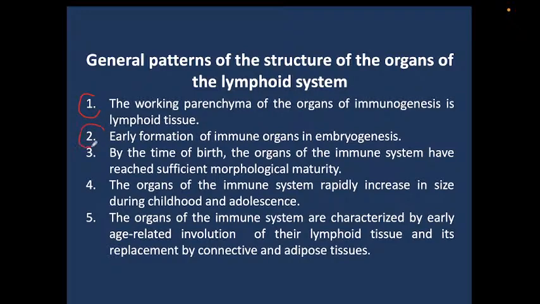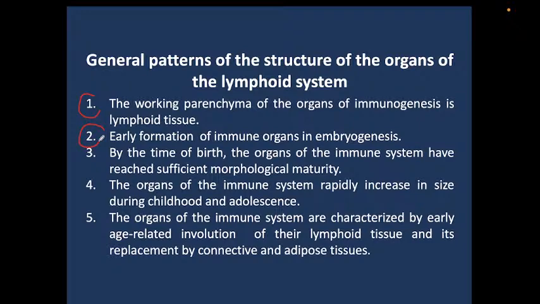Then we see that all immune organs generate very early in embryogenesis, and it means they are very important organs, and it is necessary to start their genesis very early.